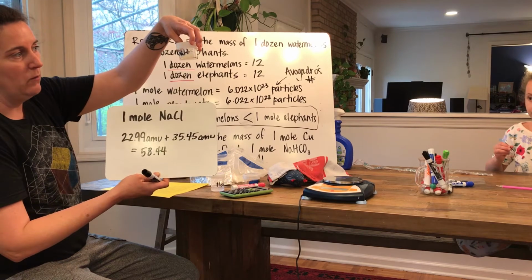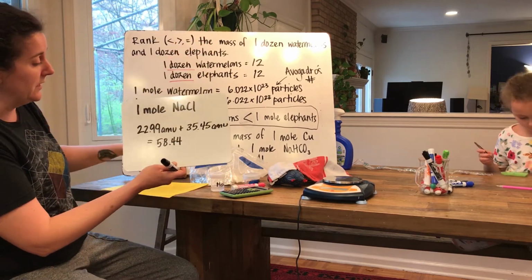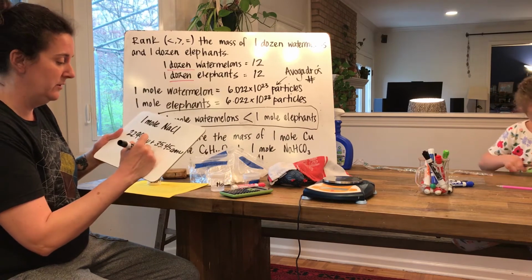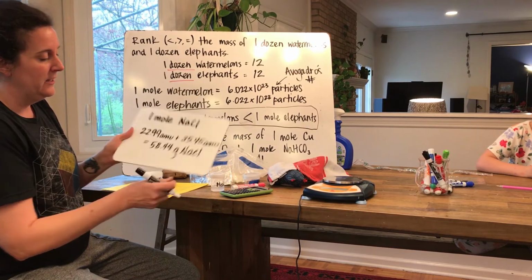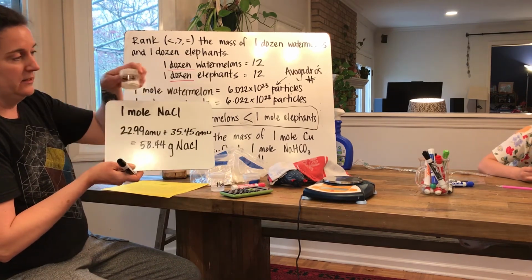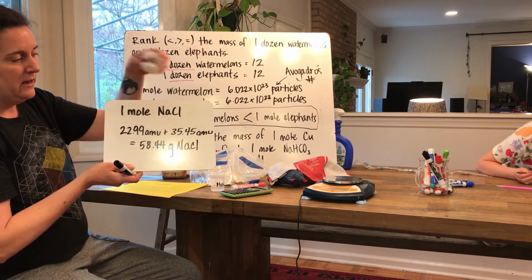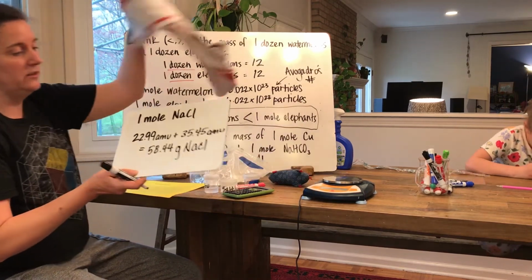If we're talking about 1 mole of NaCl, that's 6.022 times 10 to the 23rd particles. So 1 mole of NaCl is equal to 58.44 grams.